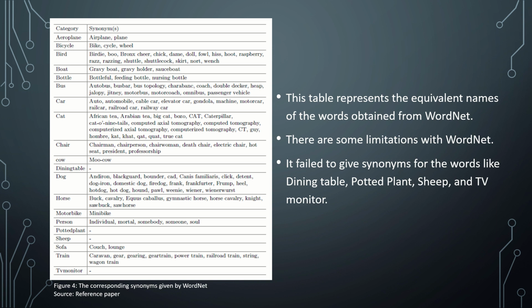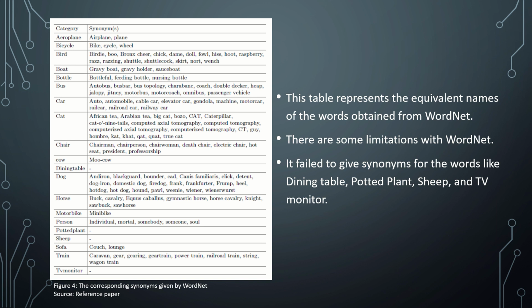So, this is a table which represents the synonyms of the different words by using WordNet. The equivalent names obtained from the WordNet are present in the table, and we found that the terms given by WordNet for chair are not the ones we need, because WordNet shows chairman, chairperson, chairwoman, electric chair, and so on.